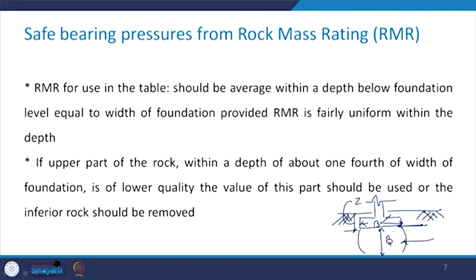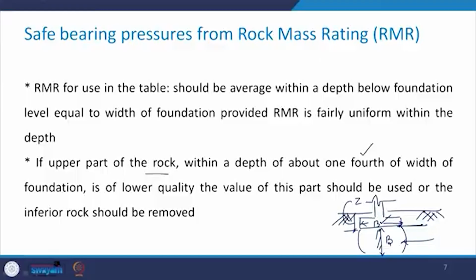The one assumption here is that RMR should be fairly uniform within this depth. If too much non-uniformity is there, then that may not give you the proper value of the safe bearing pressure.